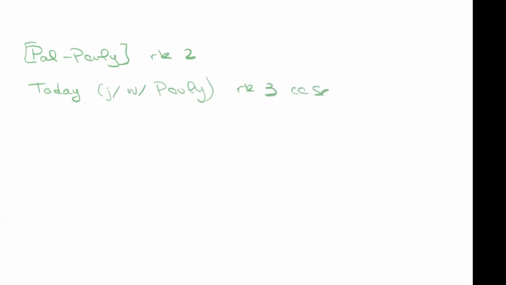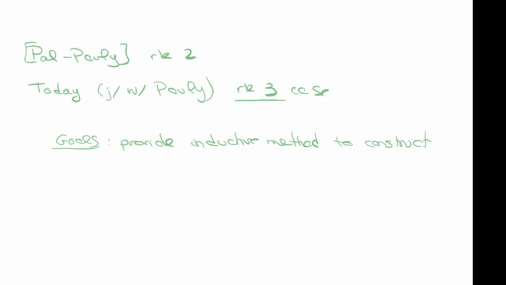So our goal for this project is mostly not just to study the rank 3 case, but provide an inductive method to construct the nilpotent cone in rank n from lower rank, in rank n from rank m, and also to prove codimensionality of the wobbly locus.